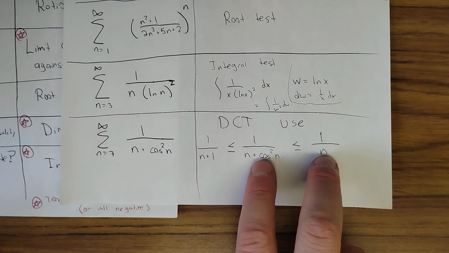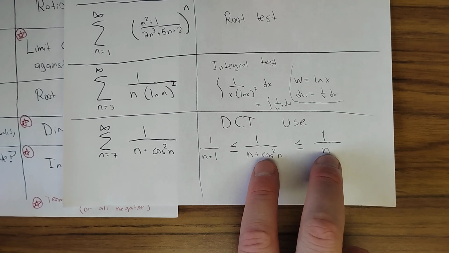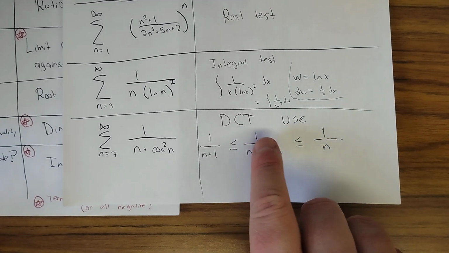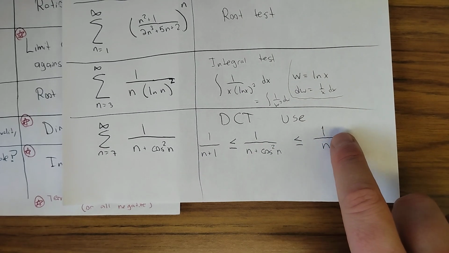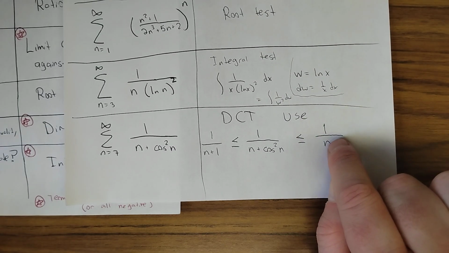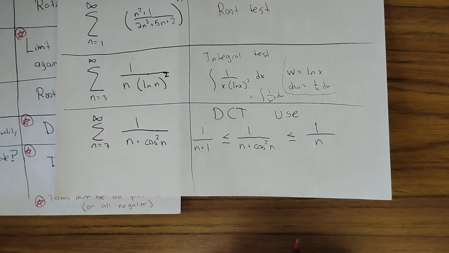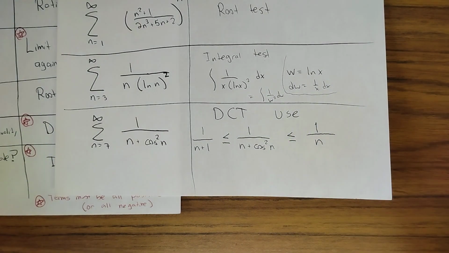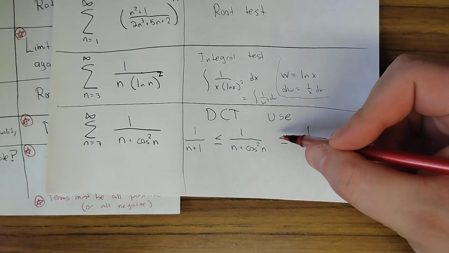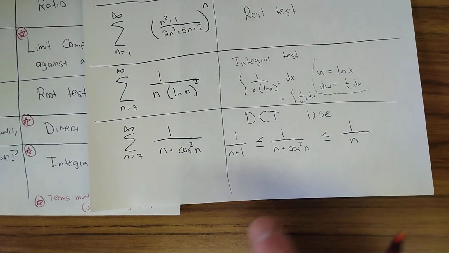So this inequality would not let us conclude anything with a direct comparison test, because if the series that I'm wondering about is smaller than a divergent series, that doesn't tell me anything. If it's smaller than a convergent series, then it converges. But if it's smaller than a divergent series, it could go either way. So this inequality would never tell us anything. It's true, but it wouldn't tell us anything.